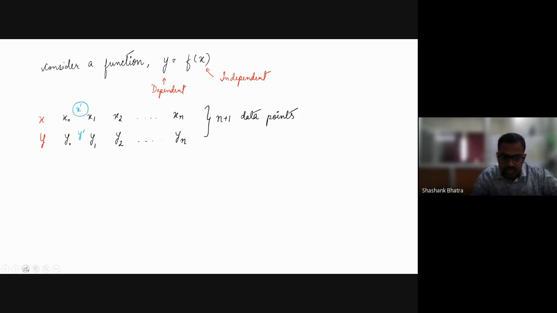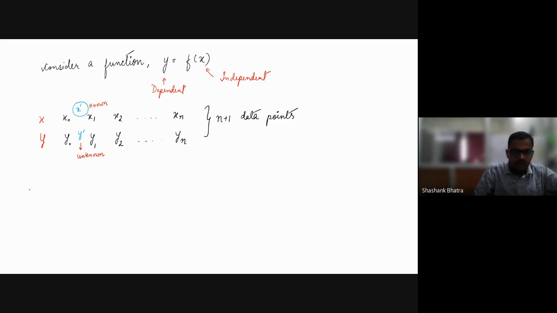So x dash is known to me, and I want an unknown value. I want to calculate the value of this unknown. How we are going to utilize the interpolation techniques for doing the same, we will be learning in this Newton's interpolation. So let us see.